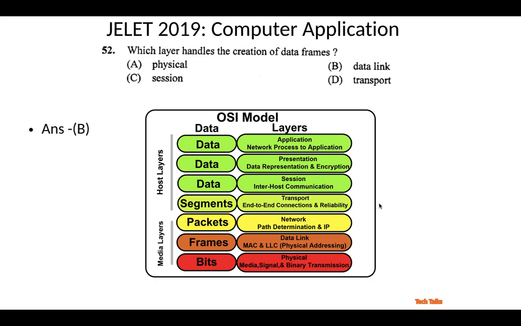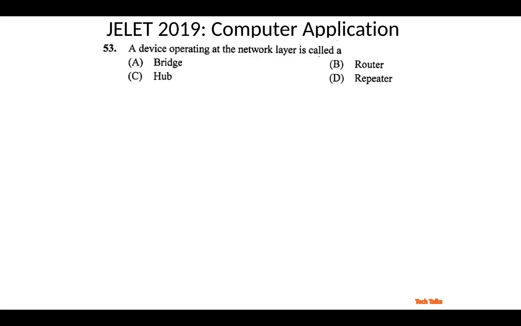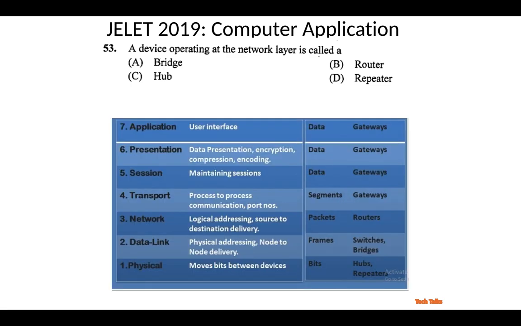Moving on to the next question. A device operating at the network layer is called. This is again from the same topic, so let's see the whole thing so that it will help with other related questions also. Hubs and repeaters work in the physical layer.